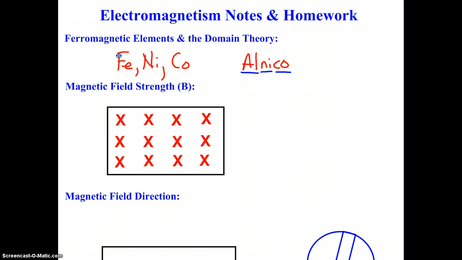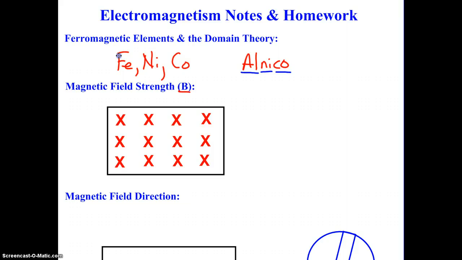All right, next thing we're going to talk about is how you calculate the strength of a magnetic field. The symbol for that is B, and we're going to talk about magnitude and direction here at some point.